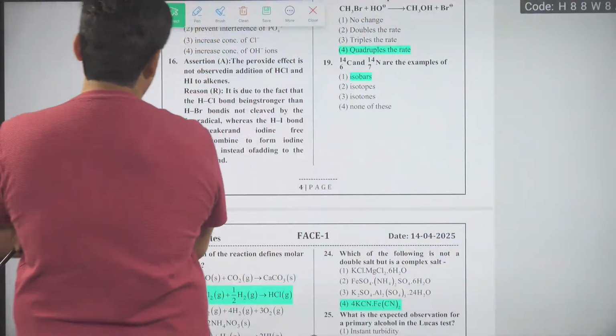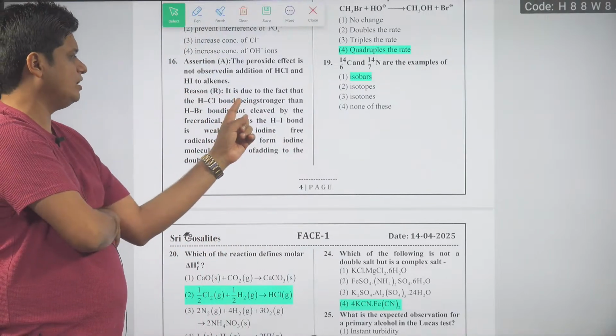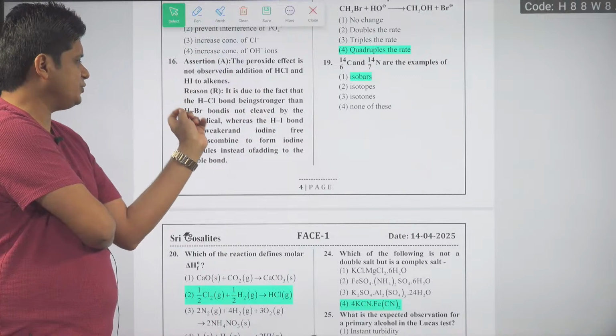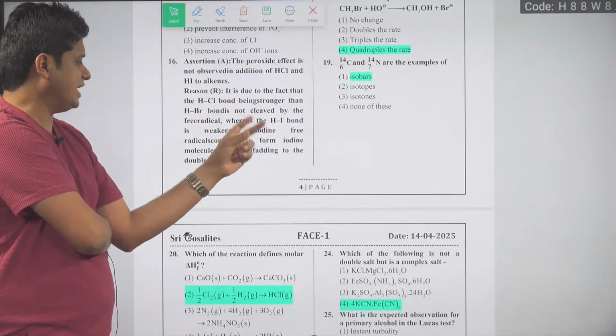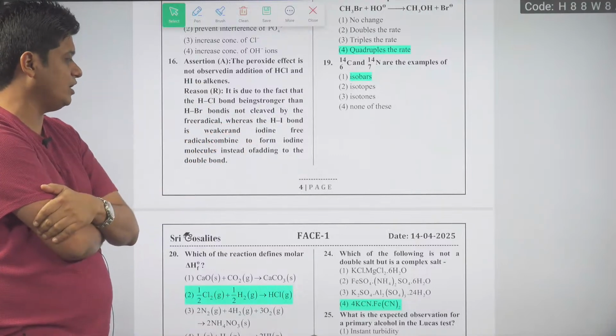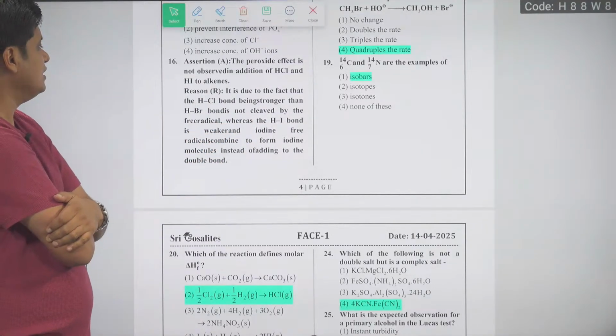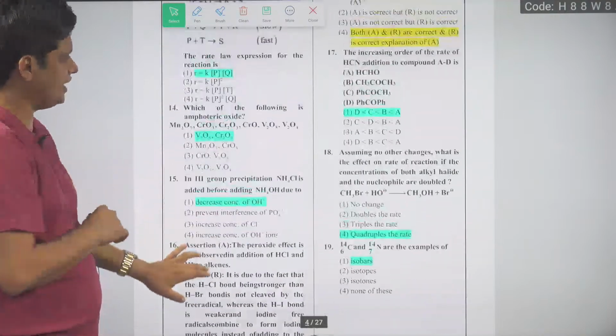So let's read the reason given there. It is due to the fact that HCl bond being stronger than HBr bond is not cleaved by the free radical. Perfectly right. Whereas HI bond is weaker and iodine free radical combines to form iodine molecule instead of adding to the double bond. So assertion is true, reason is true and reason is the correct explanation of assertion.